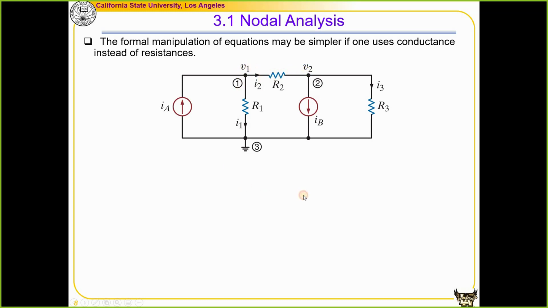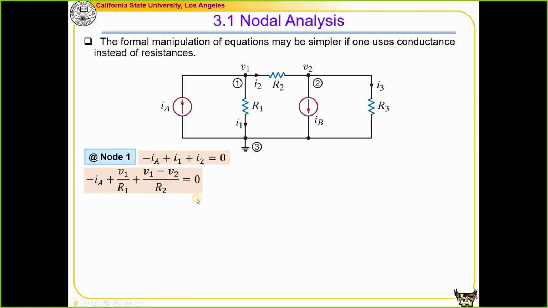Given that, we'll be able to write the nodal equation, right? For the first node, if we follow the convention that I mentioned, I will write the equation as negative IA, because I'm counting the current leaving the node as positive, plus V1 divided by R1 plus V1 minus V2 divided by R2, that is equal to 0.